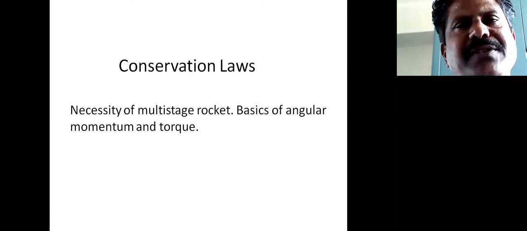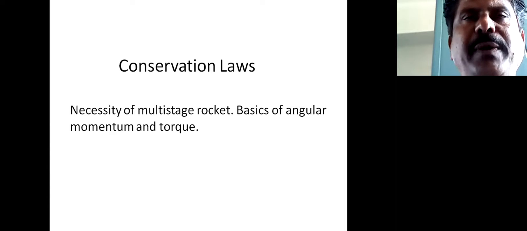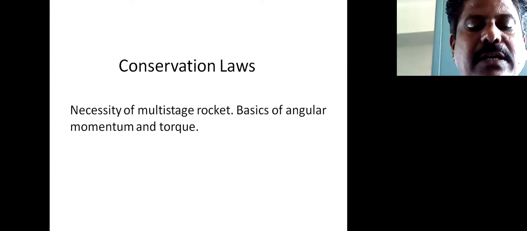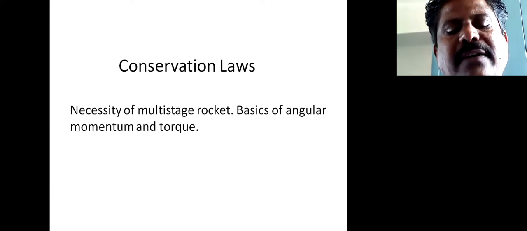These rockets are based on the principle of the law of conservation of linear momentum, which states, as you know already, that the momentum of the system is conserved, that is, remains constant, when the net external force acting on the system is zero.